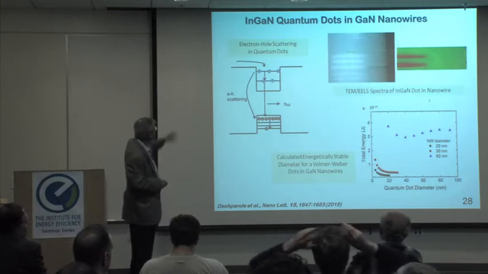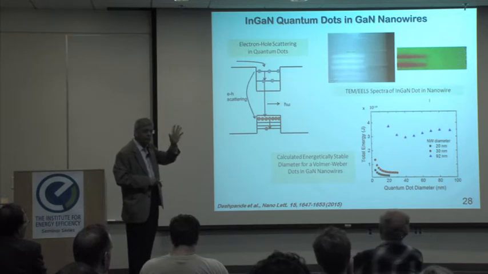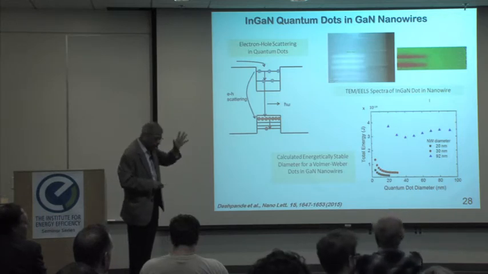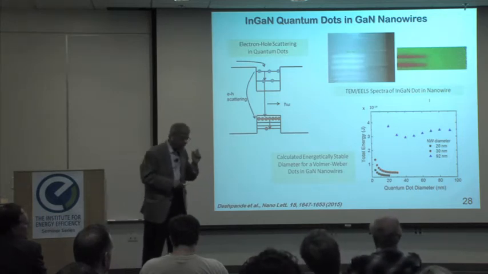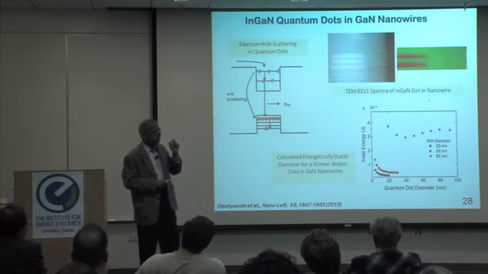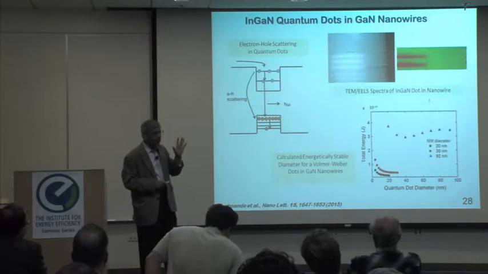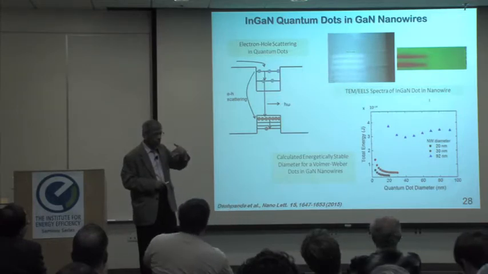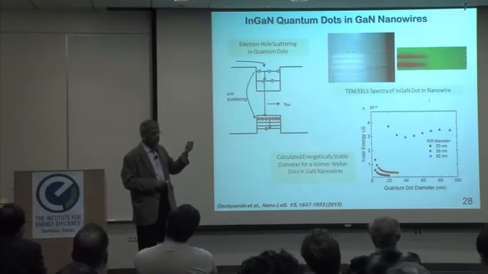So I'll give you some round numbers. For the red dots, it's about 700, 600 meV. For the green dots, it's 600, 550.